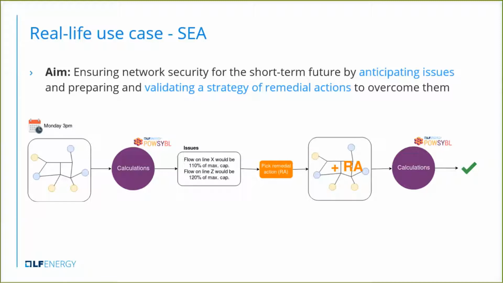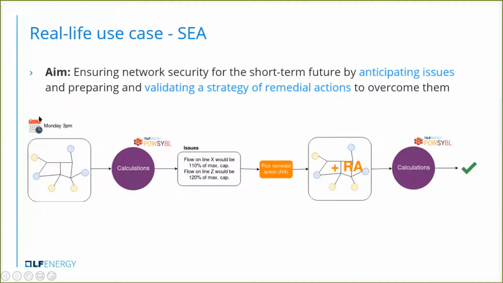The way that works is we start with a forecast of the state of the network. For example, for next Monday at 3 p.m. So that's what you can see here with the blue dots for production and yellow for consumption and the lines in between them.